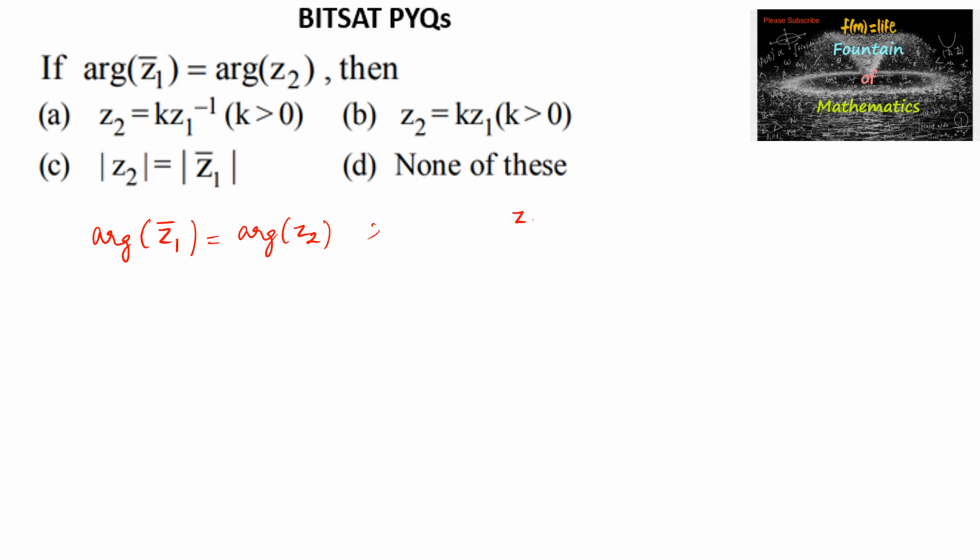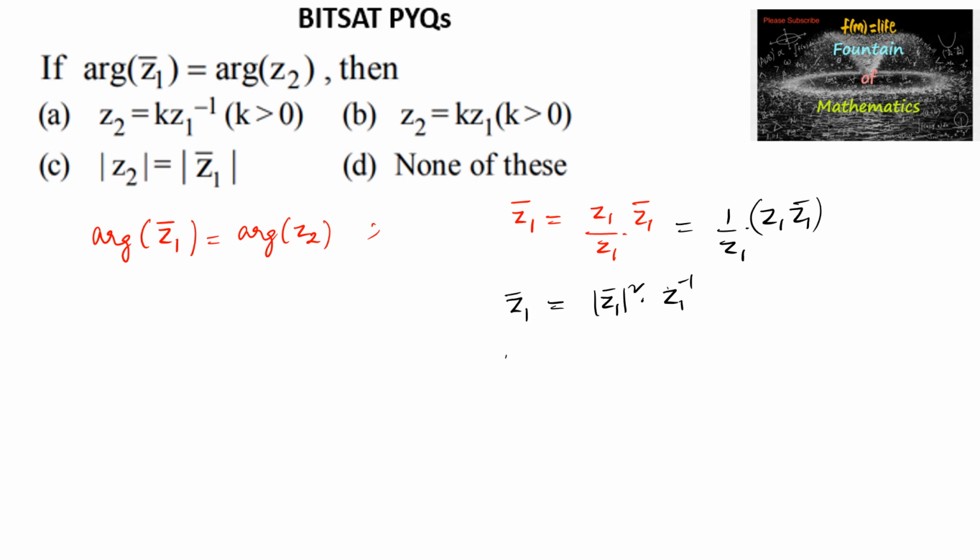So let us consider z1 bar, which is equal to, let us multiply and divide with z1, so that we can write 1 upon z1 into z1 bar, which is equal to mod z1 square into z1 inverse, that is z1 bar.